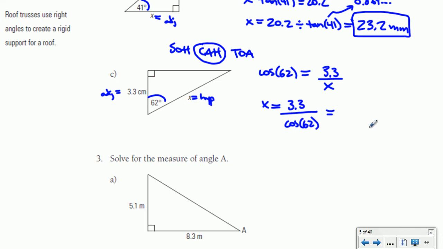So 3.3 divided by cos of 62, you should get 7.029, so maybe just call it an even 7.0, and we're done. By the way, cos of 62 is something like 0.46947 and so on, but we needed x, so there we go.